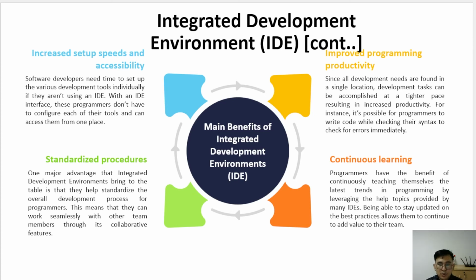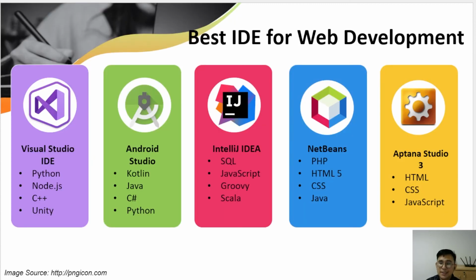Now let me show you samples of the best IDEs for web development, because we are going to focus on mobile technology, so it is best when we start with web development first. We have the Visual Studio IDE, where we can use programming languages such as Python or JavaScript, using platforms such as Node.js or C++, or even mobile game programming such as Unity.